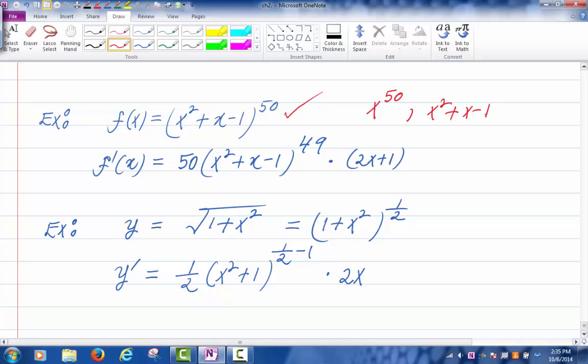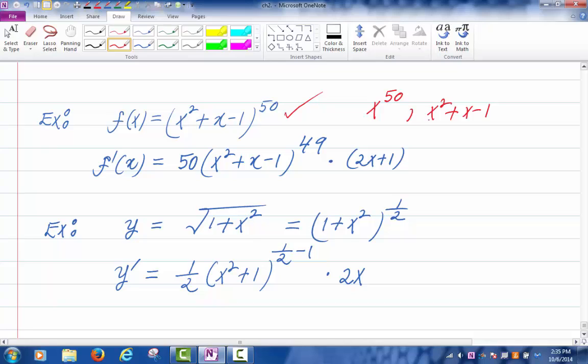So x to the 50 is the outside of the function, x squared plus x minus 1 is the inside of the composition. If you take the composition of these two, you get exactly f. Okay? And what we did is basically we took the derivative of the outside, evaluated at the inside, multiplied by the derivative of the inside.